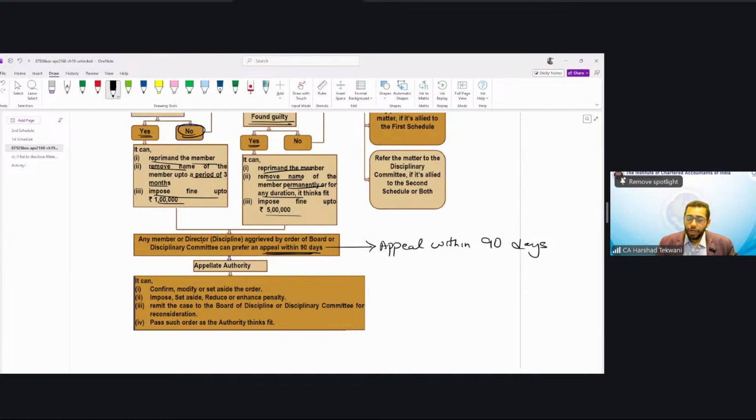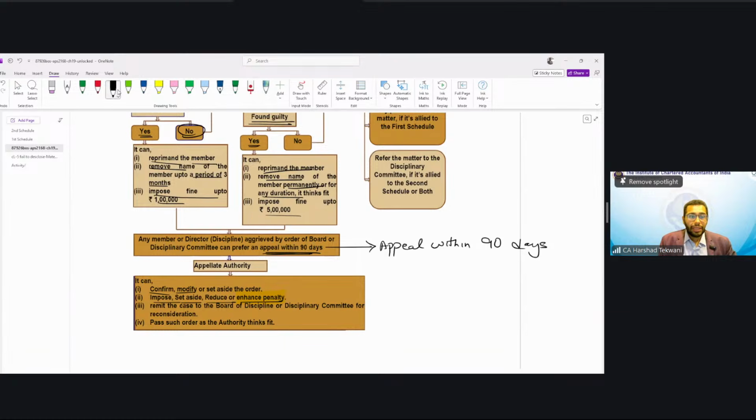Now, the appellate authority can confirm, modify, or set aside the order, or set aside, reduce or enhance the penalty. Very important. Remember that. So it is not that the appellate authority can only reduce the penalty. They can enhance the penalty also. They can increase the penalty also.